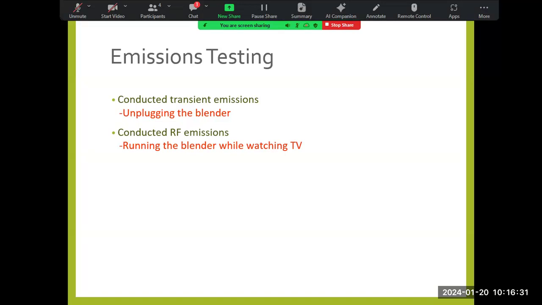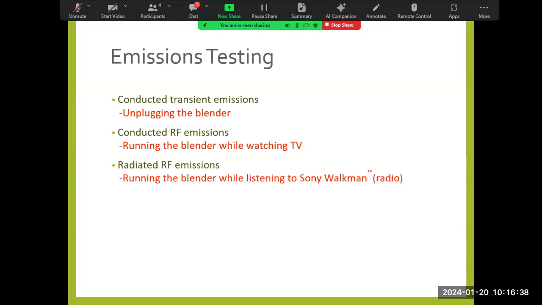And Christmas tree lights, the sparkly kind, slow down your Wi-Fi. Radiated RF emissions, magnetic field emissions: has anyone ever taken a magnet near their computer monitor? Yeah, I can tell you guys are engineers.